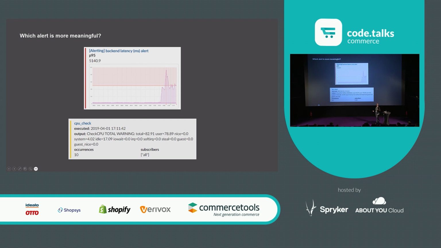So if you have to choose, our experience so far is that it's better to alert on the top of the stack and use the infrastructure alerts more as a means of telling you what's going on, something that can be used reactively in troubleshooting.